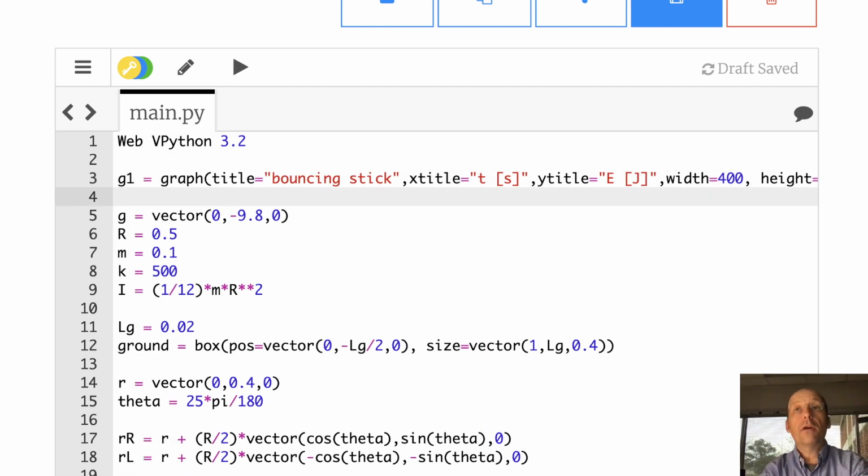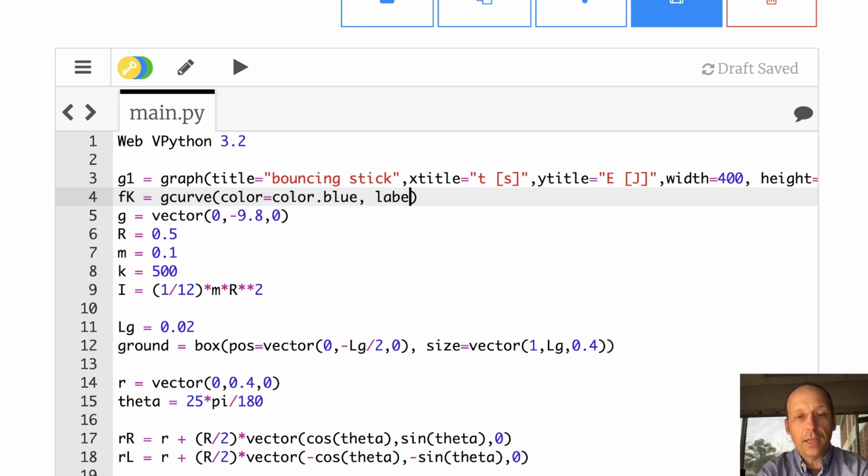Now I want to plot the kinetic energy, the rotational kinetic energy, the gravitational potential energy, and the total energy. I'm not going to calculate the spring potential energy in the floor because that'll be a very short amount of time that goes in there, and it'll be fun to see. So let's say fK is G curve, color equals color dot blue.